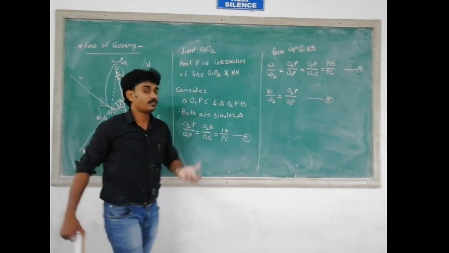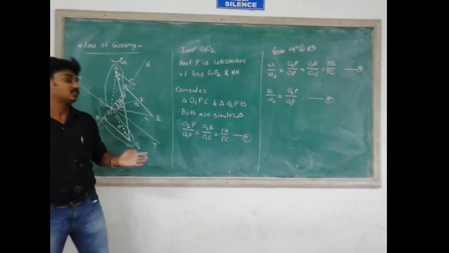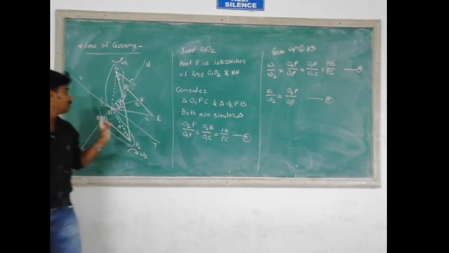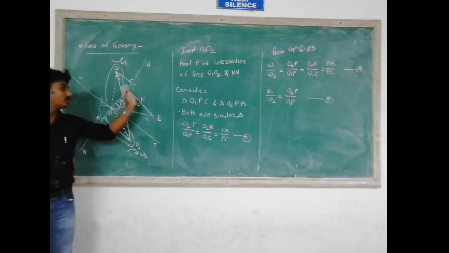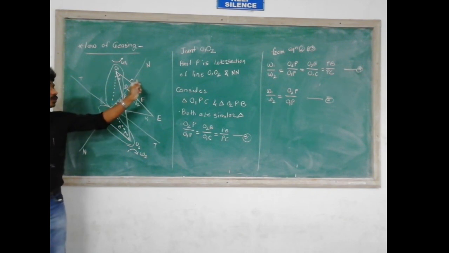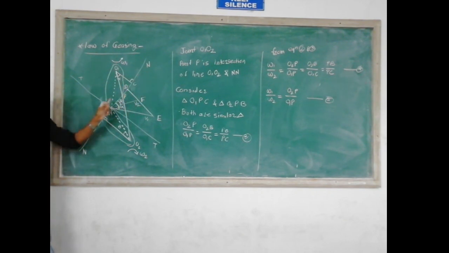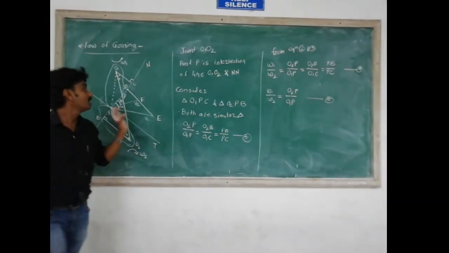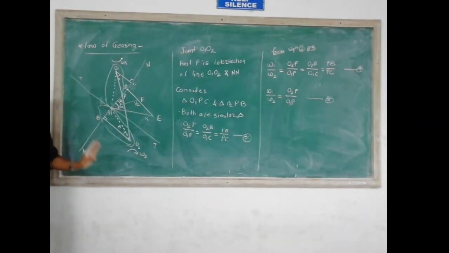If we consider it in words, the law of gearing states that if we draw a common normal to the two gears, it will pass through the point P, and point P is called the pitch point. This is the statement of the law of gearing.